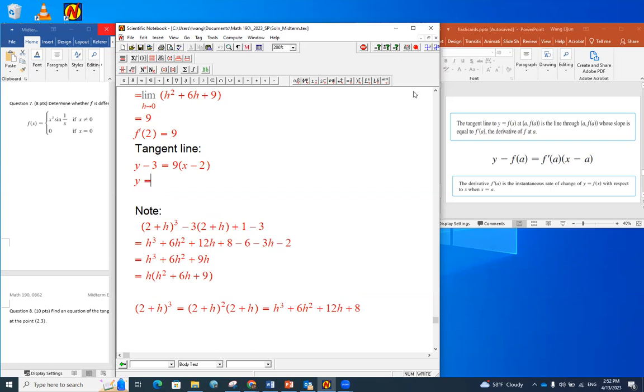Simplify, you get y equals 9x minus 18 plus 3. That's going to be minus 15. That's the equation of the tangent line.